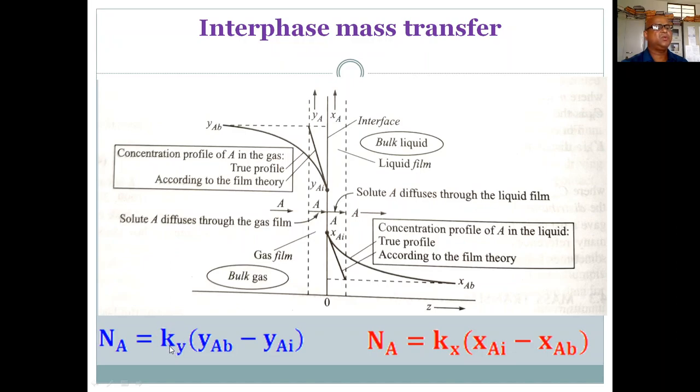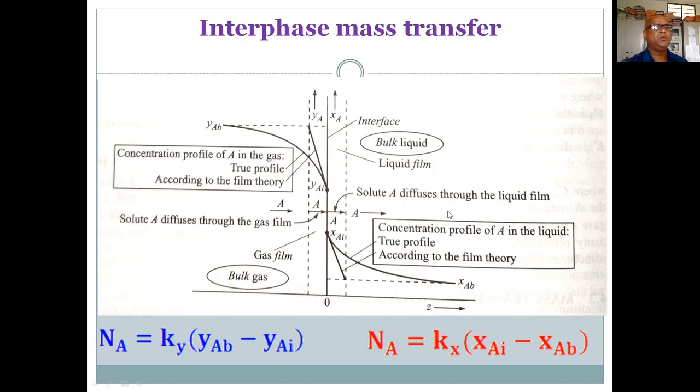So to calculate the flux I need the KY. Now we can calculate the mass transfer coefficient KY, that we have already learned. YAB is the concentration in the bulk phase. Generally we can measure this and it will be known to us. And YAI is the concentration at the interface for the gas phase. But it is very difficult to determine what YAI will be. If I can calculate YAI, then I can calculate the flux.